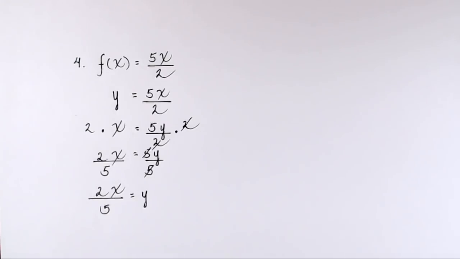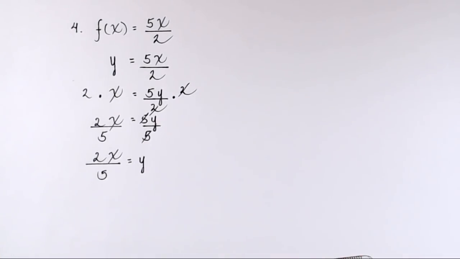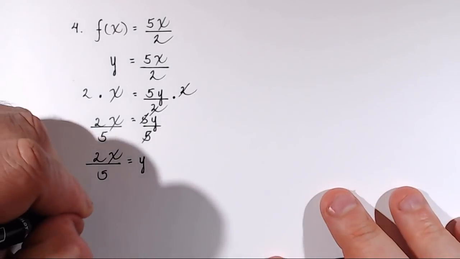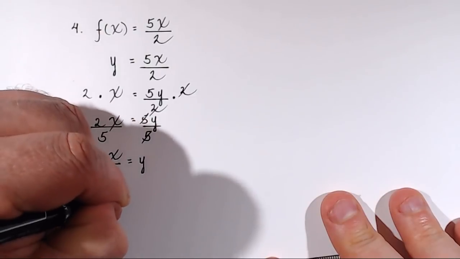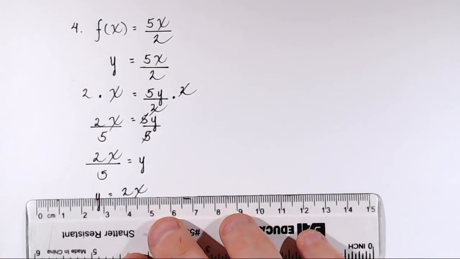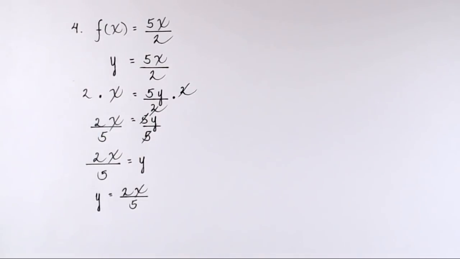Perfect. And remember that there is that property of mathematics, the equivalence principle or something, that says I can rewrite this y equals 2x over 5.